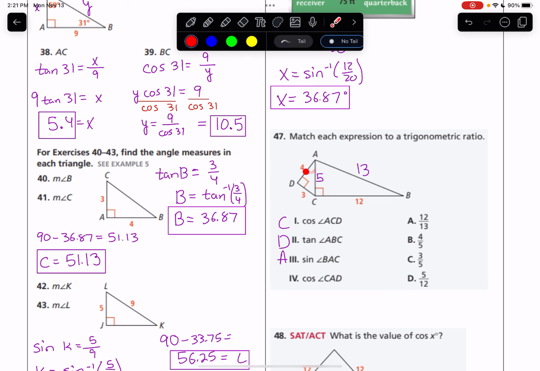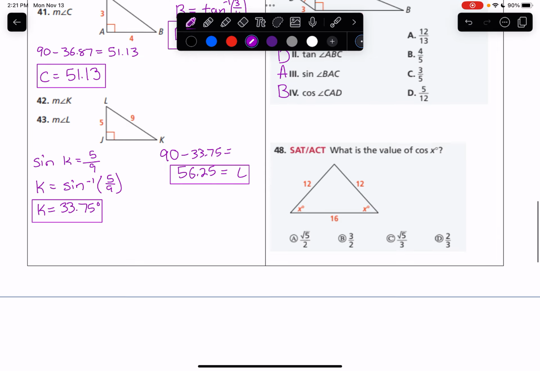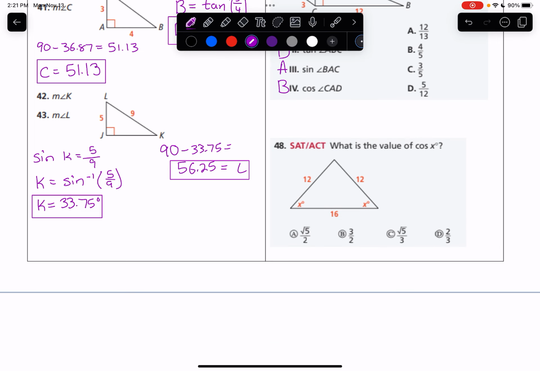So CAD is this angle right here. Cosine is adjacent over hypotenuse. That's 4/5 or B.